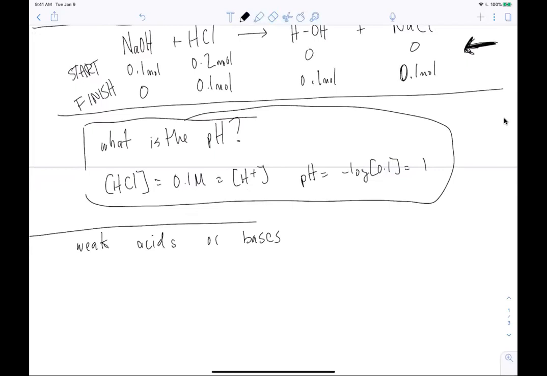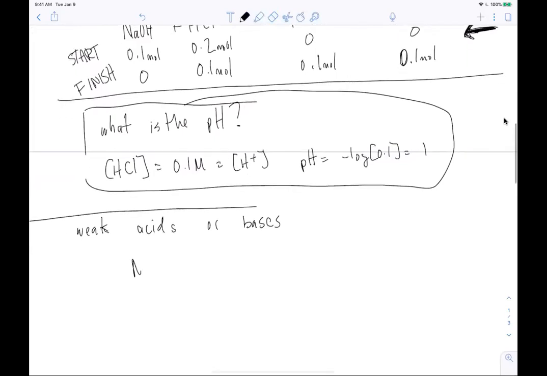Let me get a Ka for a weak acid here. Okay, so let's say that we have sodium hydroxide, but we're going to mix it with, let's use hydrofluoric acid because it's a simple acid. Okay, so same kind of thing.